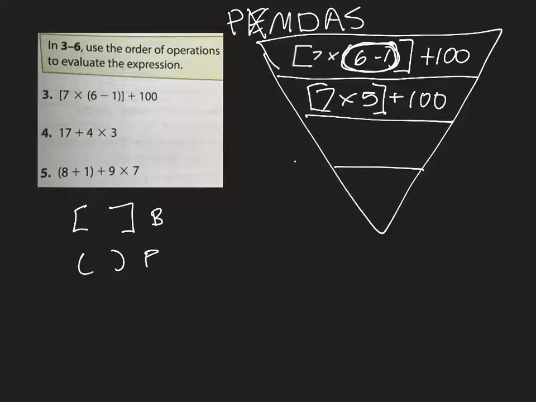Okay, now, what am I going to do next? Am I going to multiply in the brackets, or am I going to add 100? I'm going to go ahead and multiply what is in the bracket. So I have 7 times 5 is 35, and then I bring down my 100. 35 plus 100 is 135.